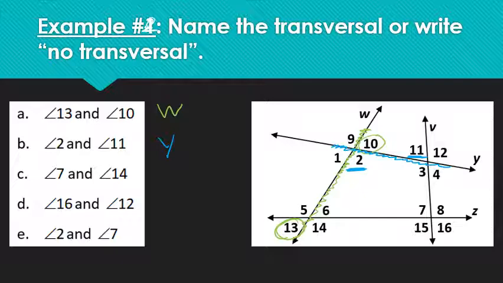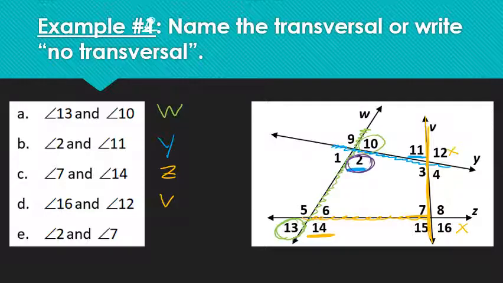All right, welcome back. So let's look at angle 7 and 14 together. So down here we have 14 and over here we have 7. So if we come along here, they both share that transversal, which would be transversal Z. Angle 16 here and angle 12 right here. Those look to share this line right here, which would be V. And last but not least, we have 2 and we have 7.